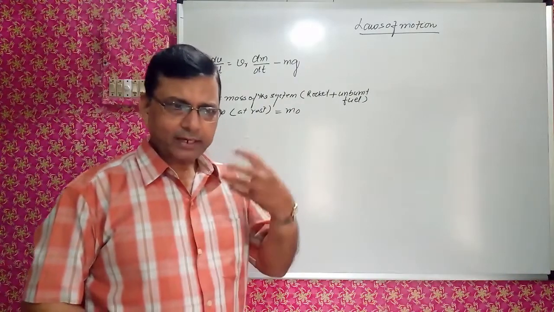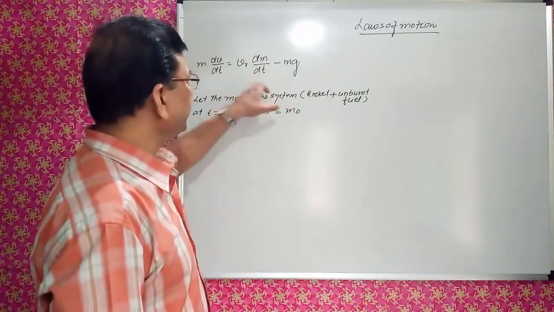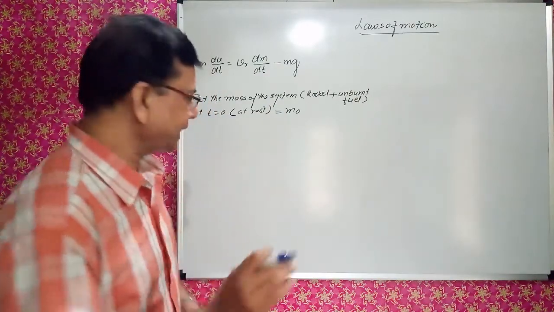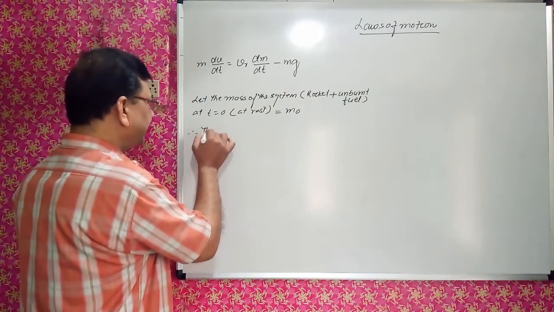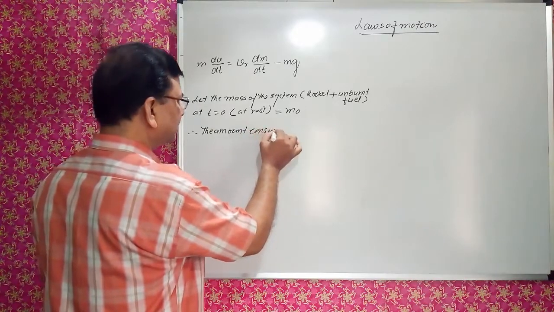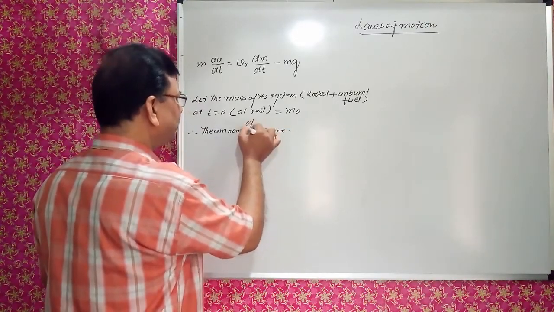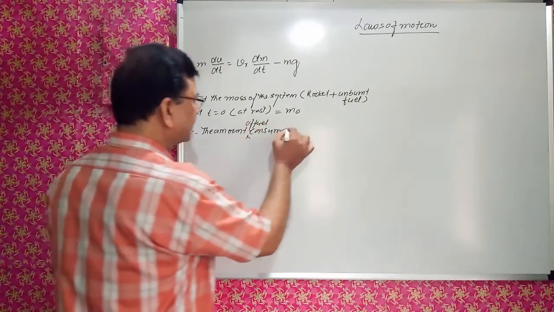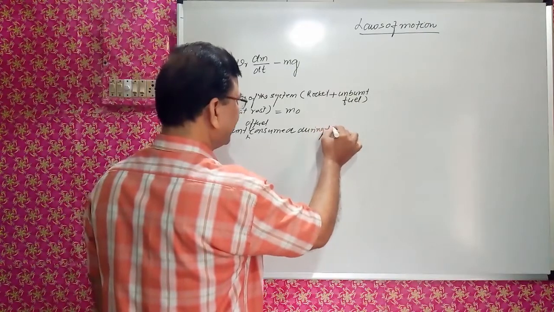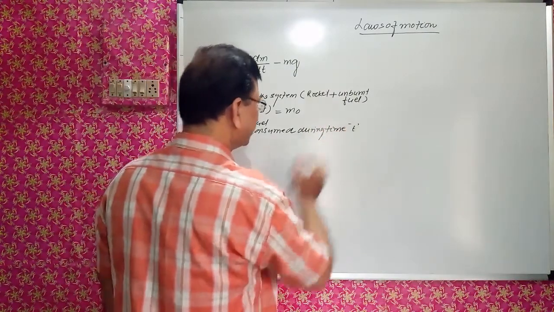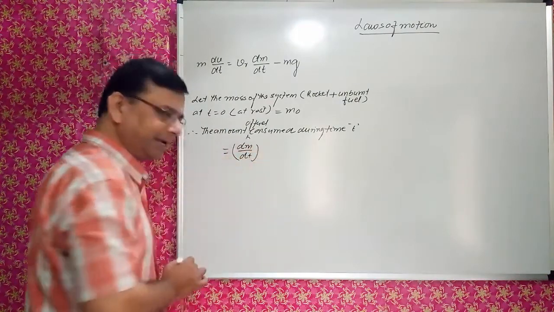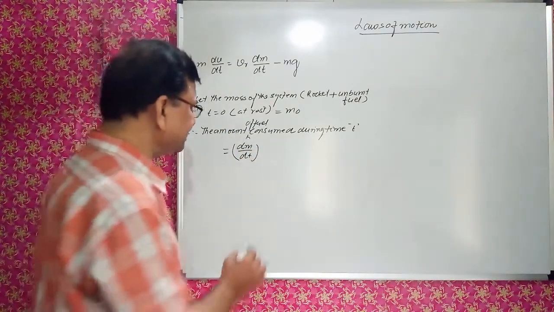And the rate of consumption of fuel is dm by dt. So in time t, what amount will be consumed? The amount of fuel consumed during time t is equal to dm upon dt into t, because this is a rate: in unit time, dm mass is getting consumed.